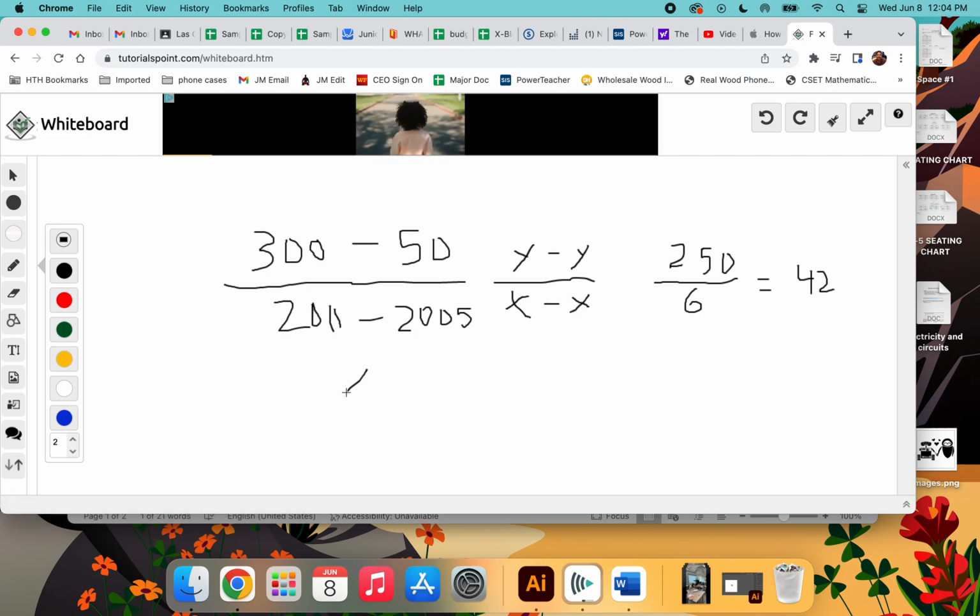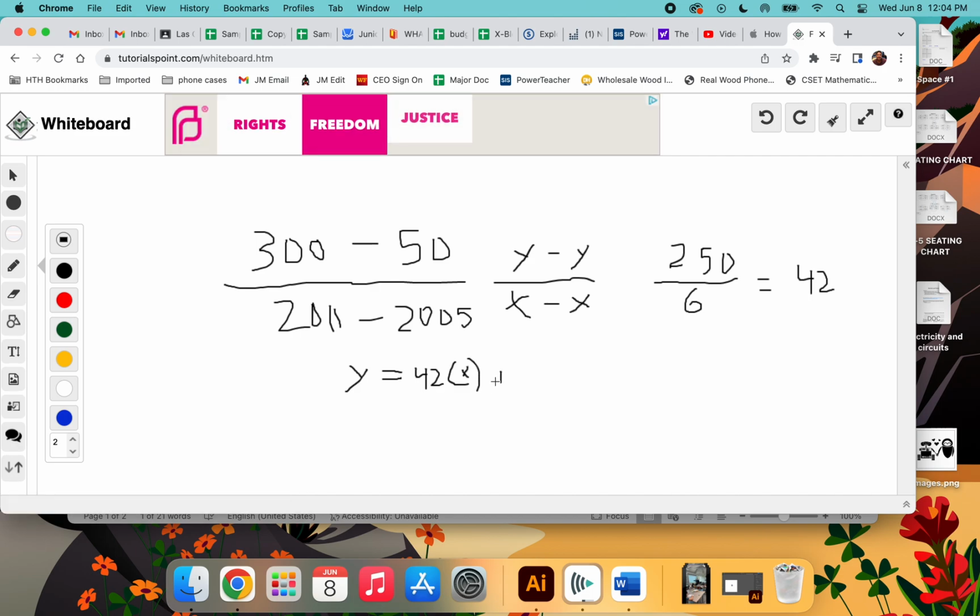But now I still have to do y equals mx plus b. So I plug in my m, which is 42, and I need my x and my y in order to find the b. Remember, I have 2005, 50 as one of my points, where 2005 is the x and 50 is the y.